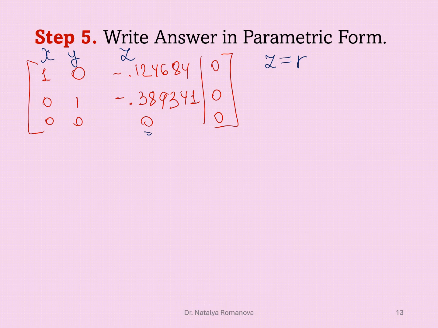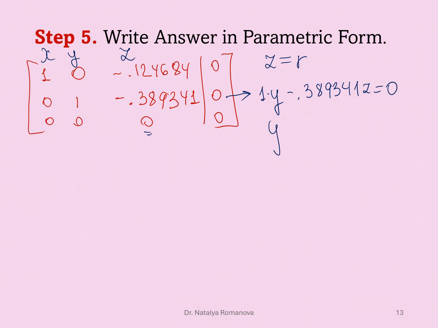Now we work with the second row. In the second row we can see the coefficient 1 of y. So 1 times y minus 0.389341z equals 0. We can express y. We add to both sides 0.389341z.